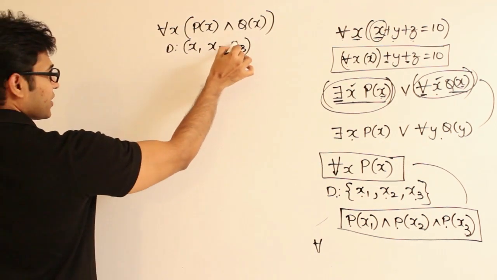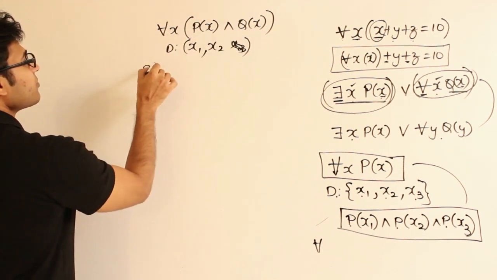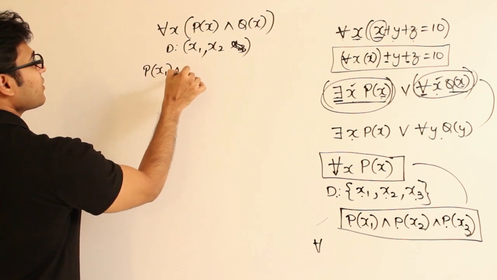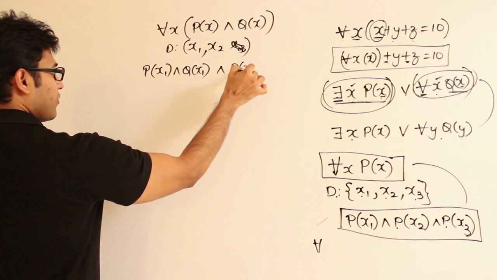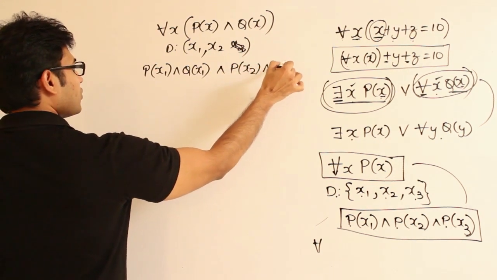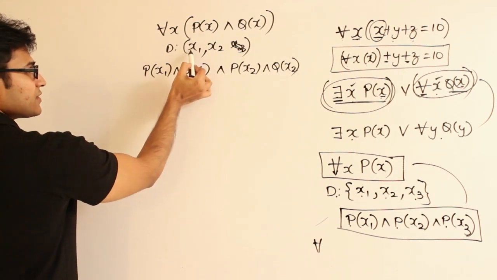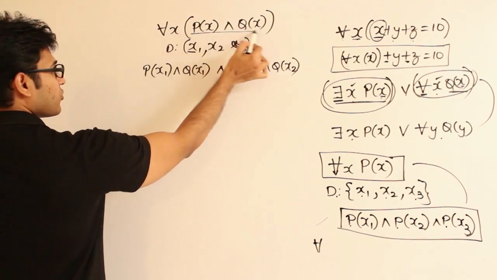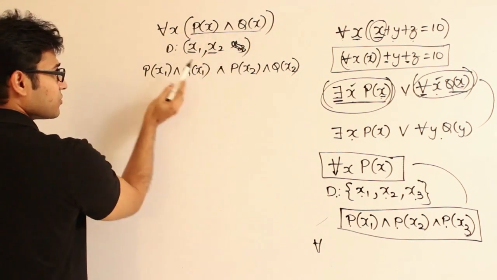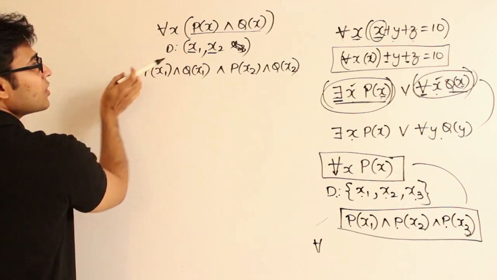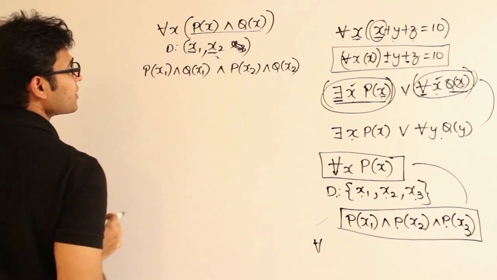Let's take domain x1 and x2, let's keep it small. The meaning of this one is p of x1 and q of x1 and p of x2 and q of x2, isn't it? Which means for value x1 these two have to be true, and for value x2 these two have to be true. See, simple. What did I do? I have taken all the elements in the domain and I have substituted them there and expanded it.